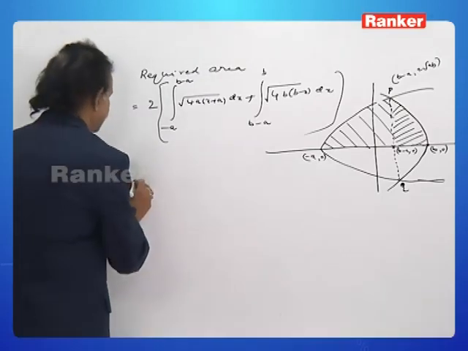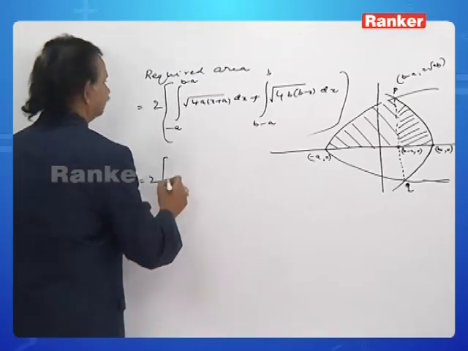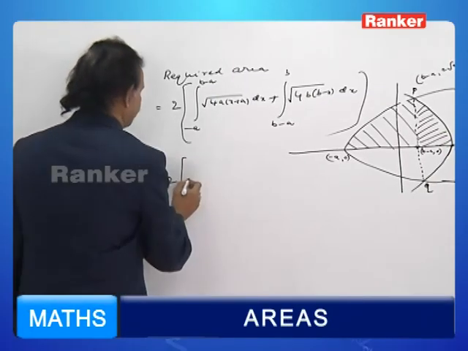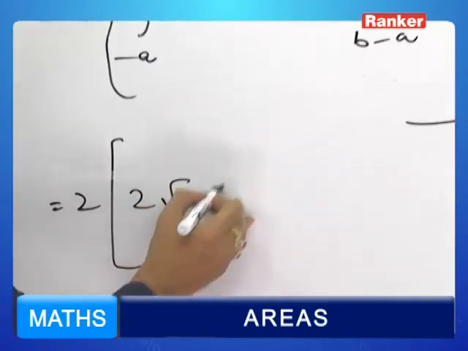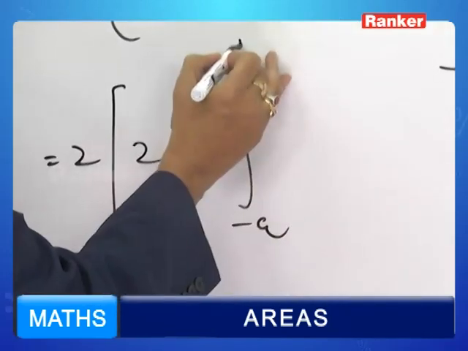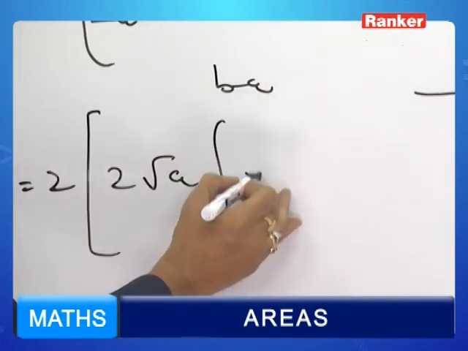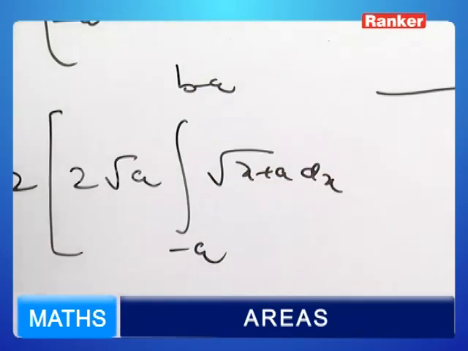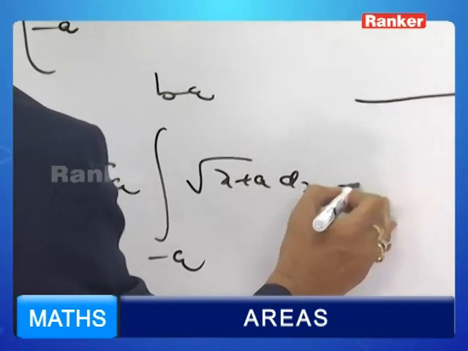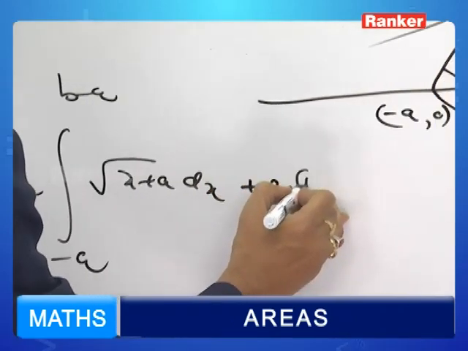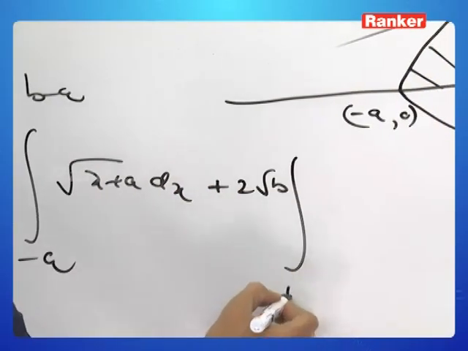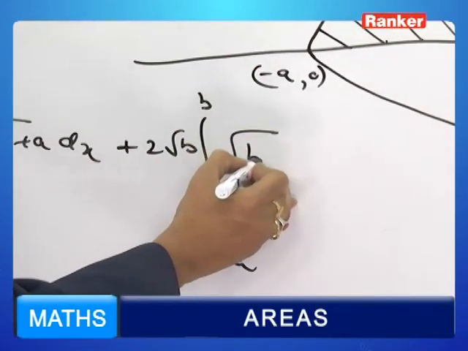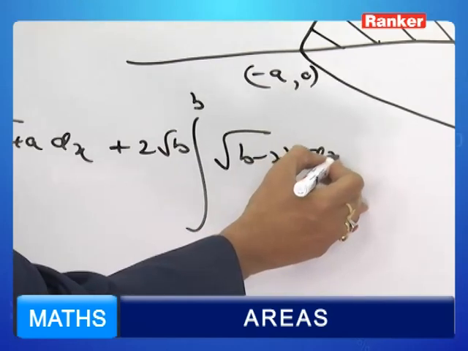So that it is 2 into, root 4a means 2 root a into integral minus a to b minus a root x plus a dx. Here 2 root b plus 2 root b into integral b minus a to b, root b minus x dx.